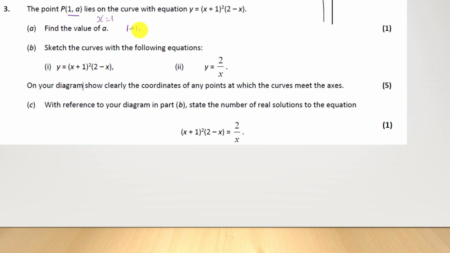So (1 plus 1) squared times (2 minus 1), which equals 2 squared times 1. That equals 4. So a equals 4. Sketch these curves, sketch that curve. So that means we're going to have a root at x equals minus 1, and because of that squared it's repeated, and we've got another root at x equals 2.